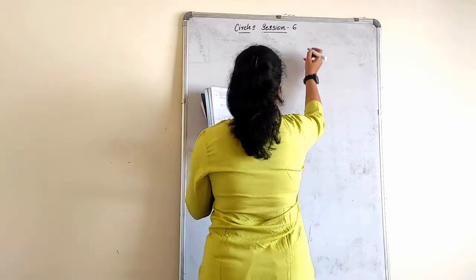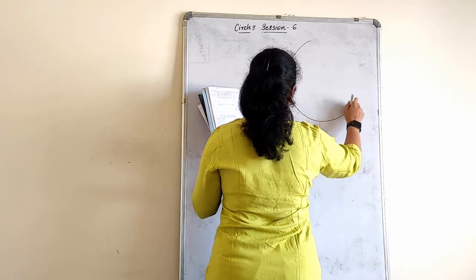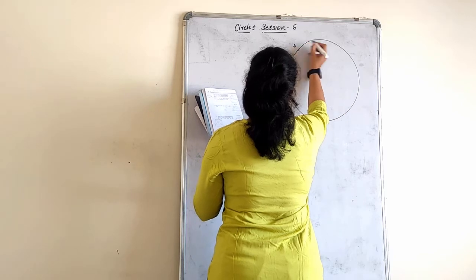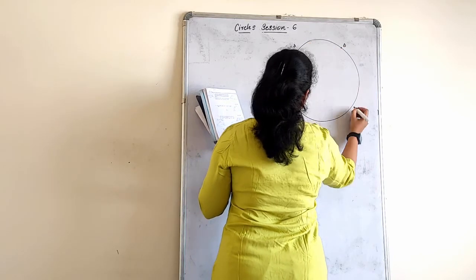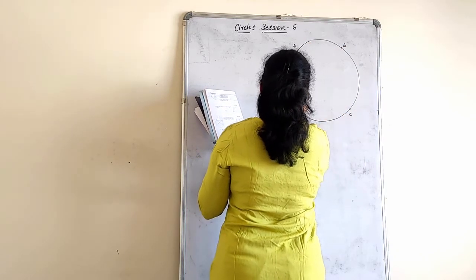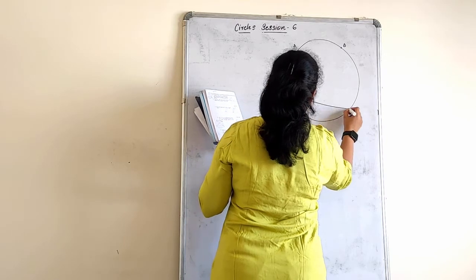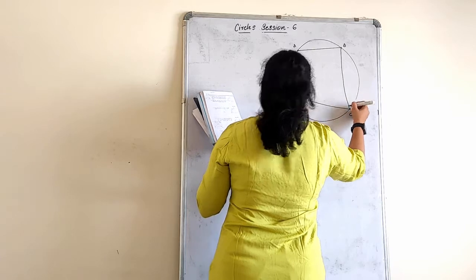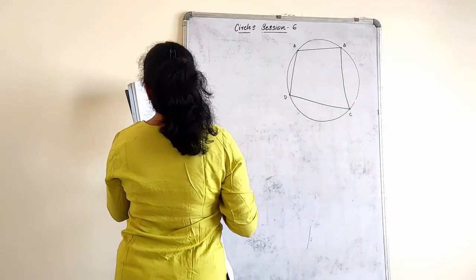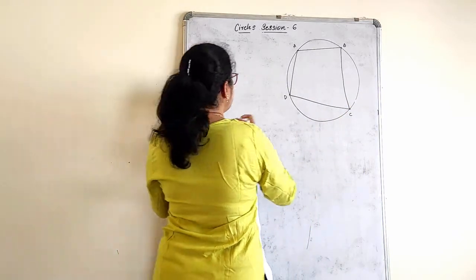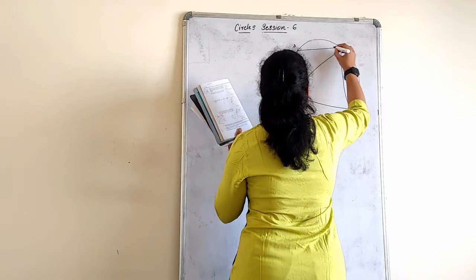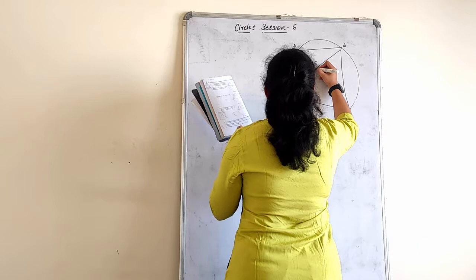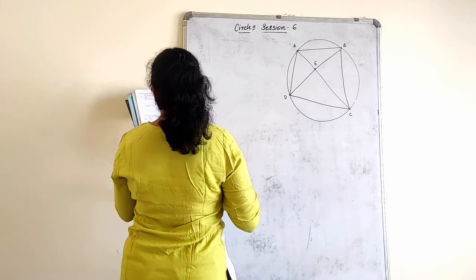ABCD is a cyclic quadrilateral. So let's mark the points as A, B, C and D. ABCD is a cyclic quadrilateral whose diagonals intersect at point E. This is not the center, remember.